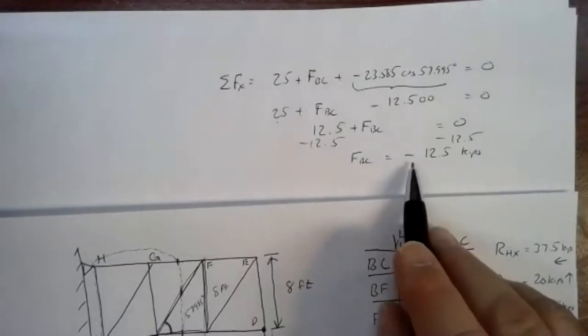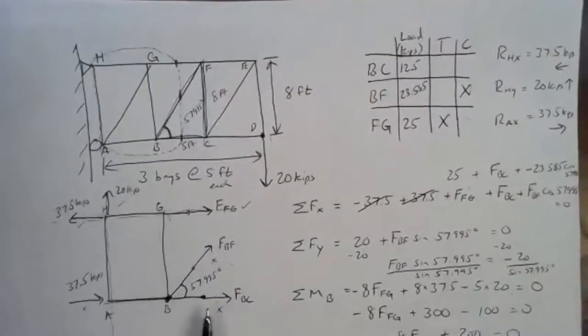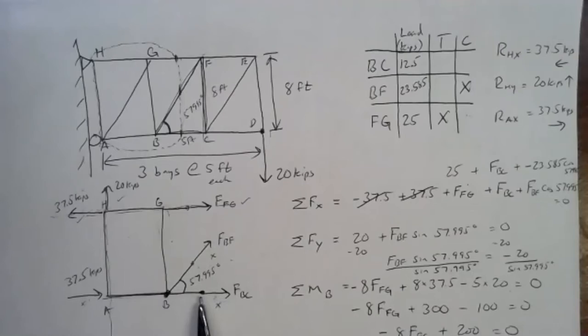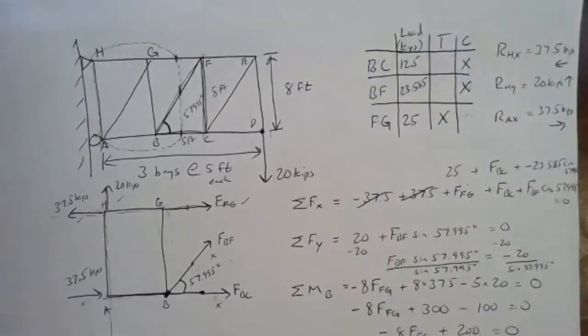But it came out negative, which means my assumed direction from my free body diagram is wrong. I drew it assuming that member BC is pulled on by the rest of the truss. The member BC was in tension. The math told me I was wrong. I got a negative value. So this really has a push on member BC, meaning that member BC is in compression.